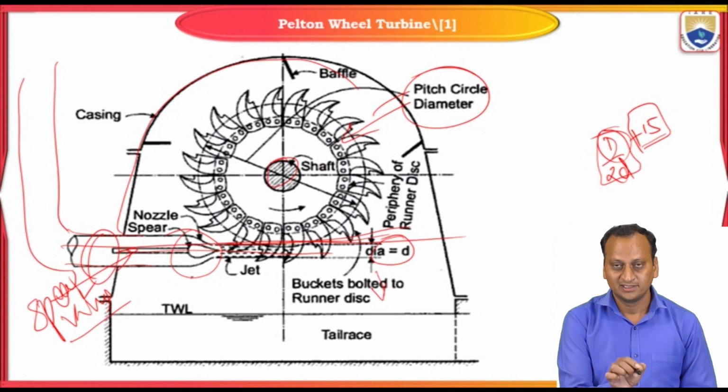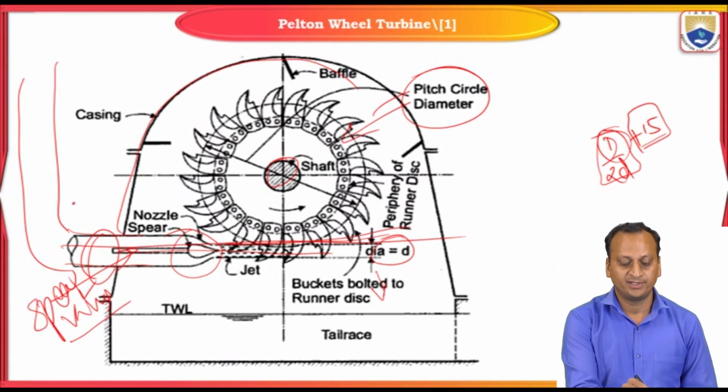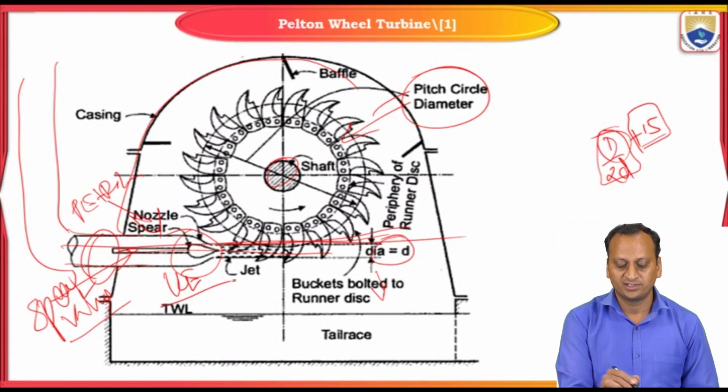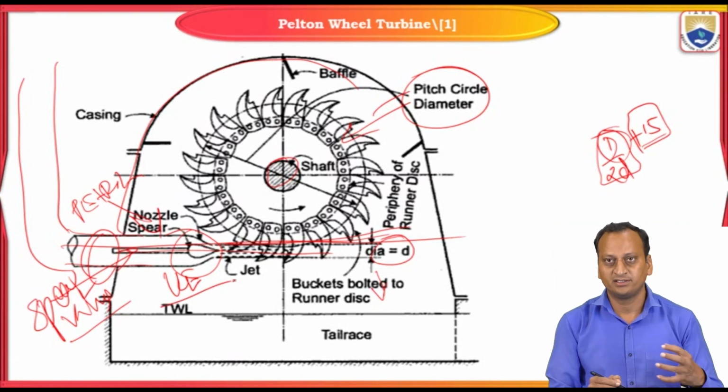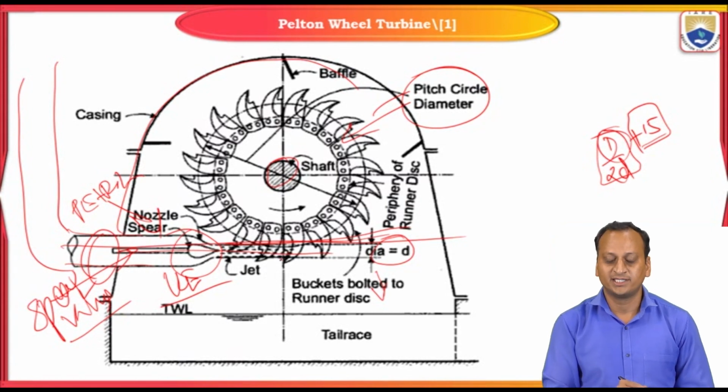So whenever the water arrives with heavy force and kinetic energy, because pressure energy and potential energy will be converted into only kinetic energy, with this high kinetic energy the liquid impacts on a blade. The blade is a double hemi-ellipsoidal, so in the middle there will be a splitter.